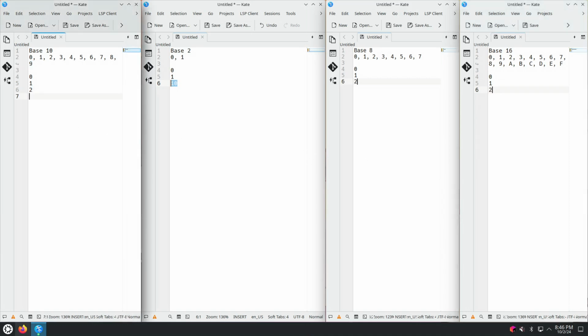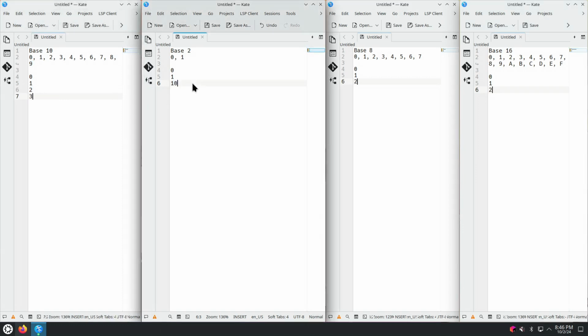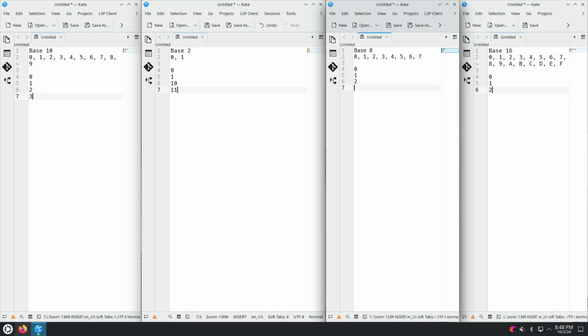What about 3? 3 cannot be represented as a number with just one digit in base 2 because in base 2 we only have the digits 1 and 0. So it will be the next number after 1 and 0. The next number after 1, 0 is 1, 1. 3 in base 8 has the digit 3, so a number with only one digit, which is 3.